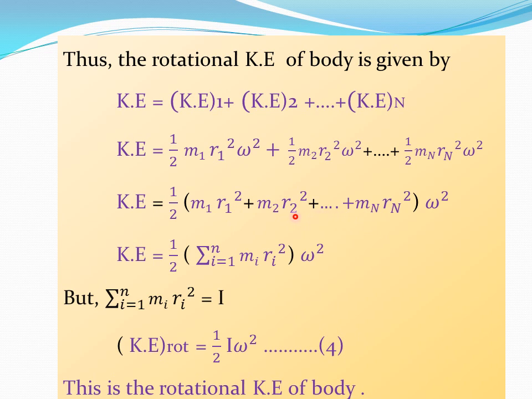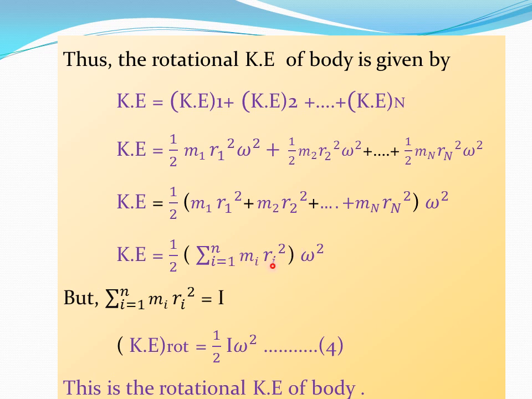In the last video we saw that m1 r1 square plus m2 r2 square plus up to m_n r_n square is replaced as summation. So kinetic energy is equal to 1/2 in a bracket, summation of m_i r_i square, i started from 1 and ends up to n.